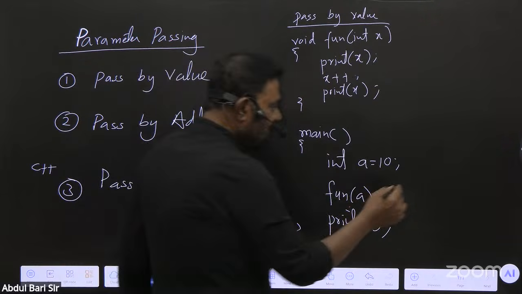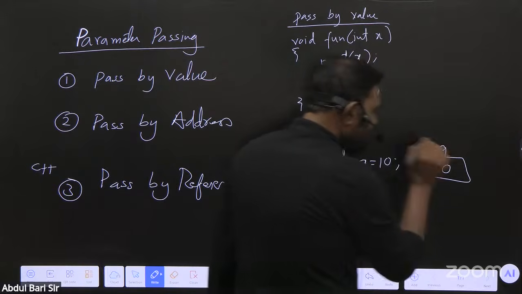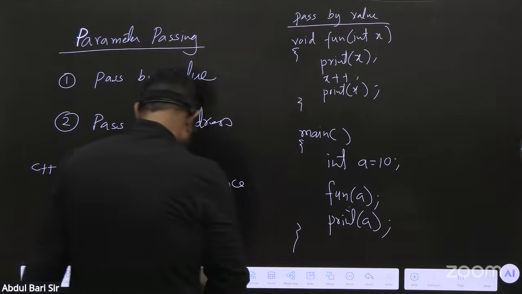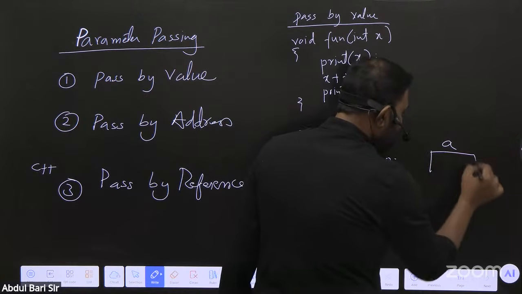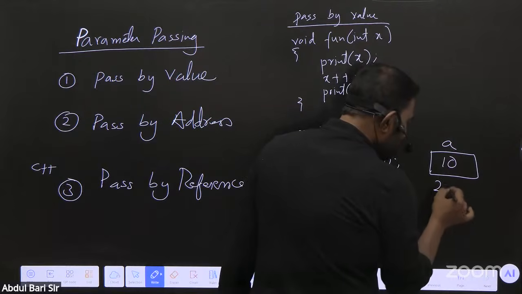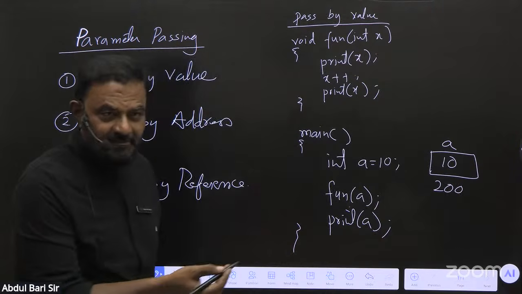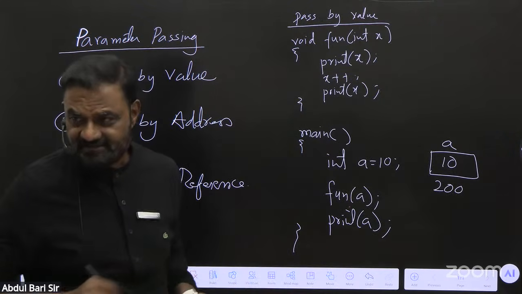If I draw a diagram here, a is a variable having value 10. Let us say its address is 200. When we draw a variable, we will also write down the address, so that if required, we can use the address.